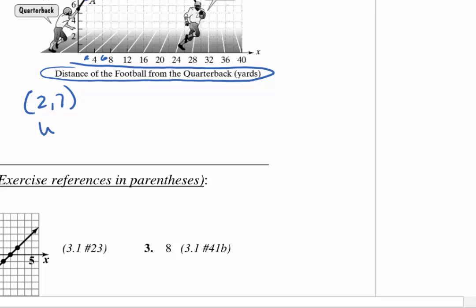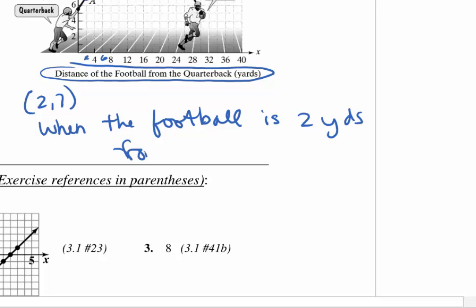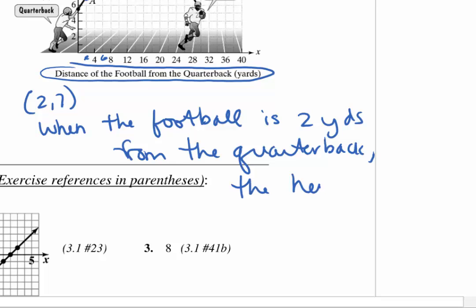So we would say when the football is 2 yards from the quarterback, the height is 7 feet. And notice that all my units are coming straight from that diagram and from the problem.